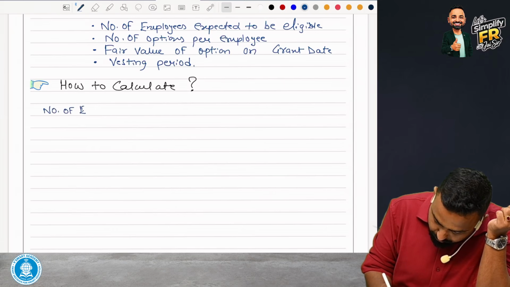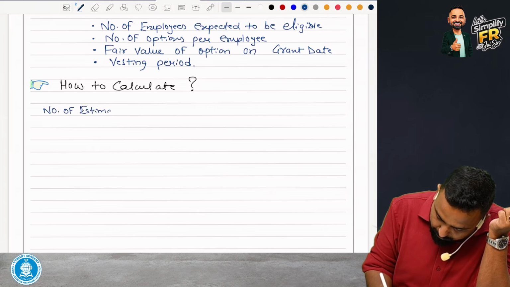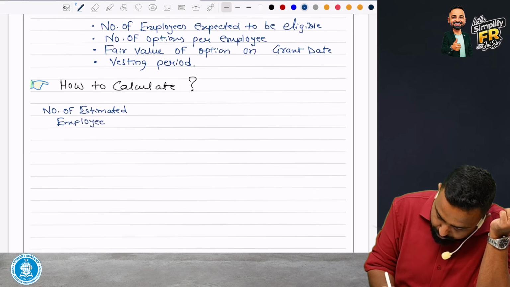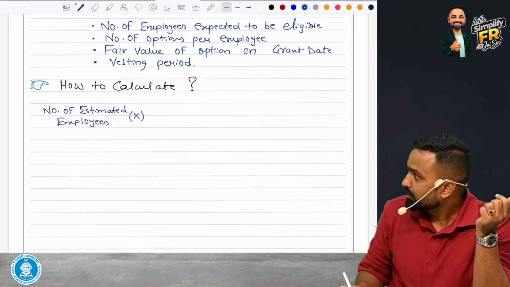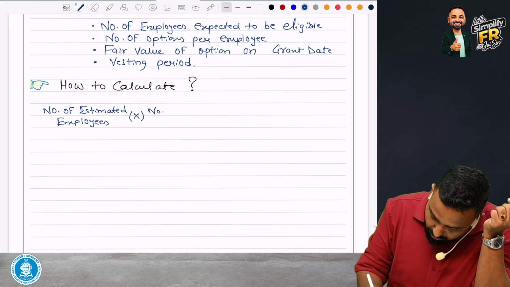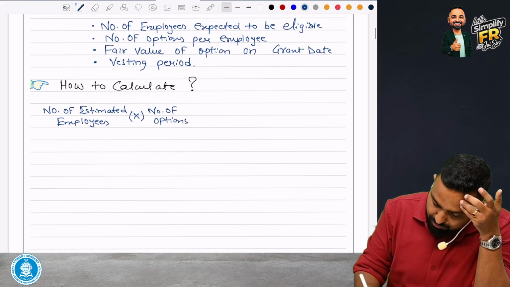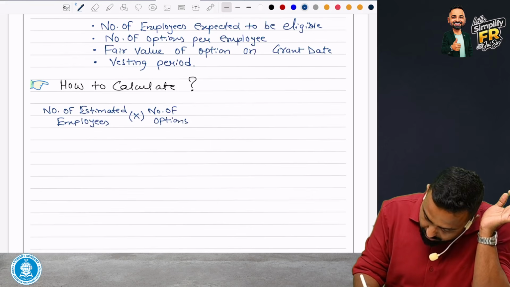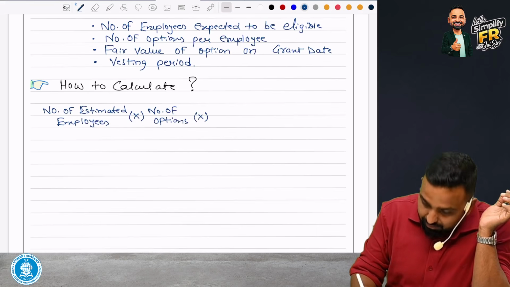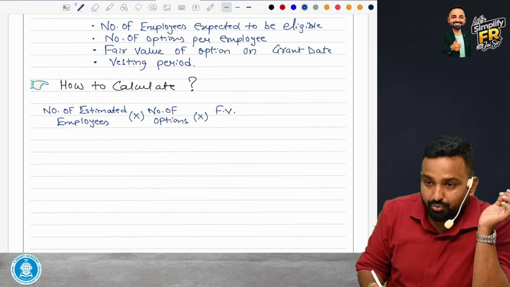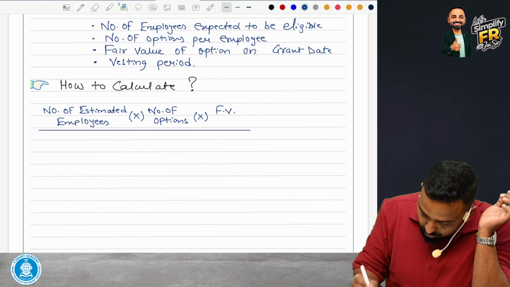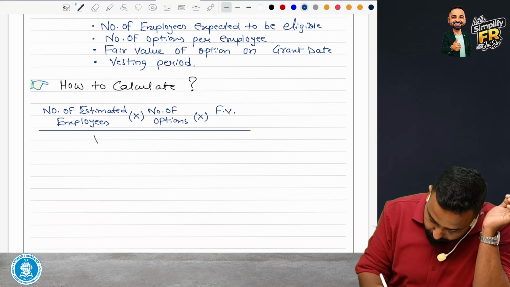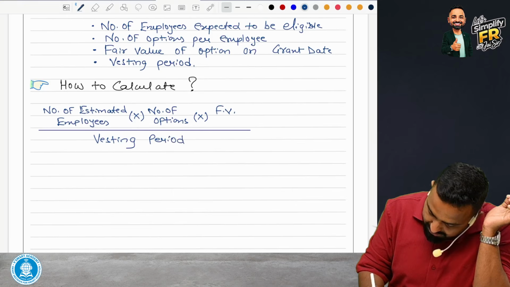Number of estimated employees. Number of options, we will understand per employee. Multiply by fair value. Whole divided by vesting period.